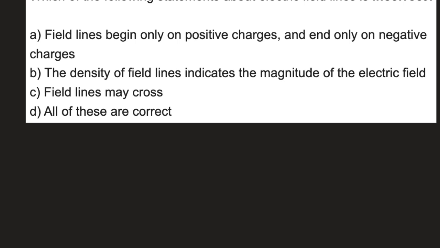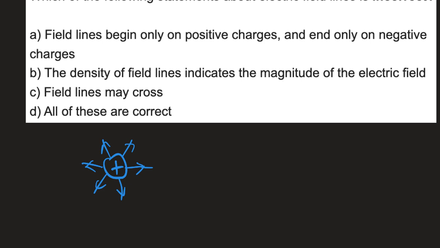Okay, so let's go through these one at a time. If we have a positive charge, indeed the field lines will leave this positive charge and go outward. This is always the case, that the field lines leave that positive charge.